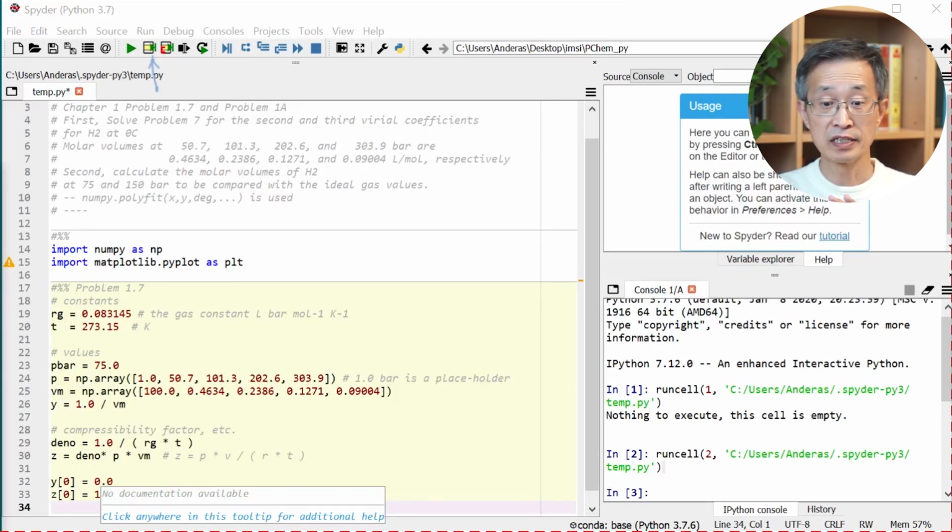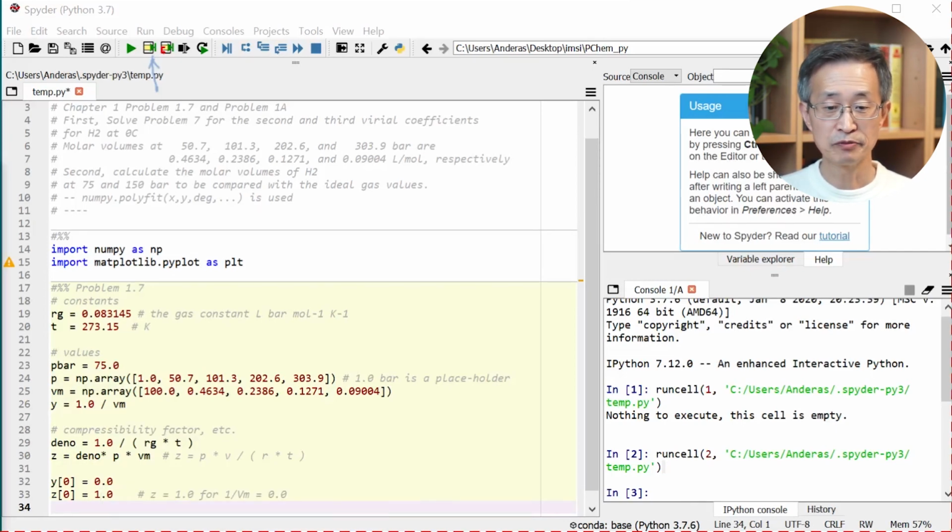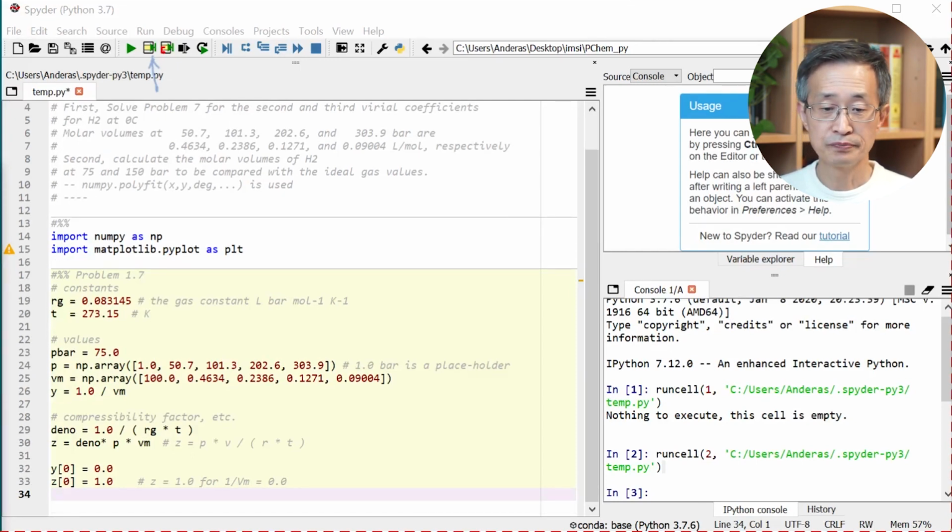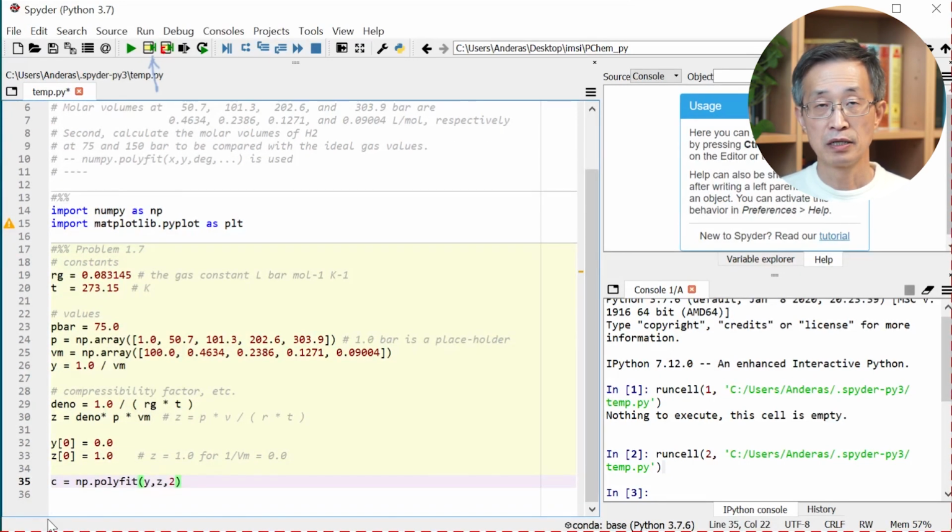The array Y is there, so we are ready to call polyfit. Just one call to numpy polyfit will do it. So this will return the coefficients of this polynomial, in this case 1 plus B over V bar plus C over V bar squared. But it returns the higher degree first.